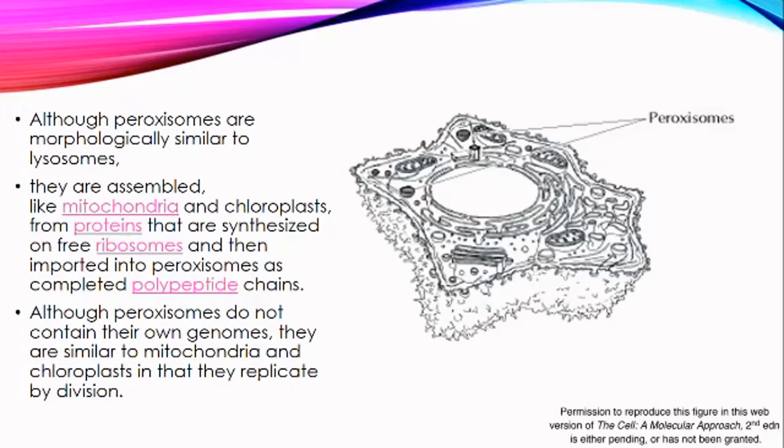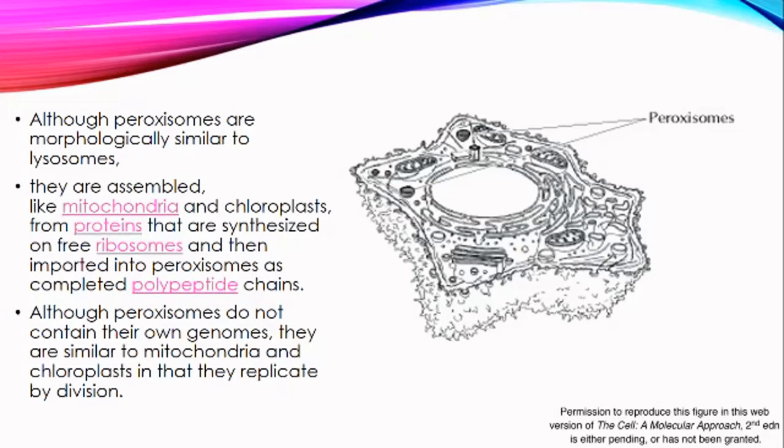So they are assembled like mitochondria and chloroplasts, and the proteins are synthesized on free ribosomes, then imported into the peroxisome as a complete polypeptide chain. So there are similarities between the mitochondria and the chloroplast in that peroxisomes also derive from proteins.